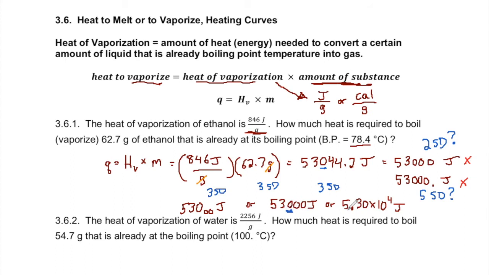You can write it with an underline, or you can write it in scientific notation. With scientific notation, you only keep the 0 that is significant, and you can get rid of the zeros that are not significant. So all of these 3 ways are ways to show 53,000 with 3 significant digits. So this problem has a little bit of a significant digit issue in how we show that.